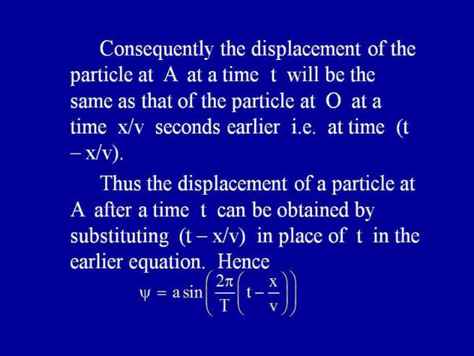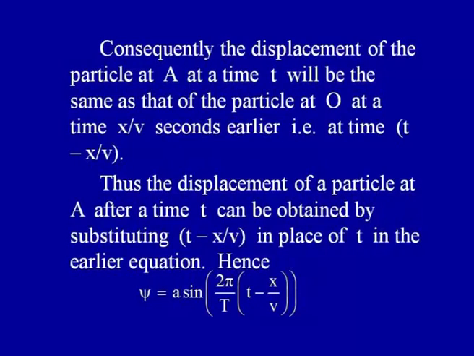Consequently, the displacement of the particle at A at time t will be the same as that of the particle at O at a time x by v seconds earlier, that is at time t minus x by v. Thus, the displacement of a particle at A after a time t can be obtained by substituting t minus x by v in place of t in the earlier equation.